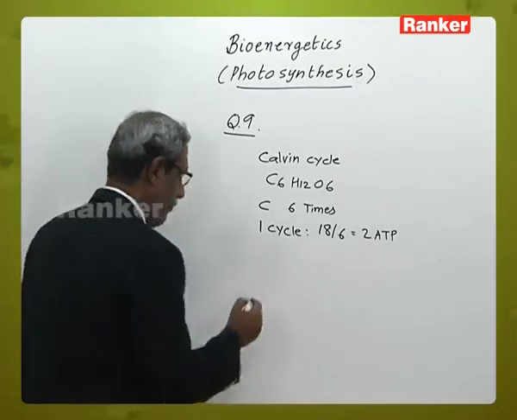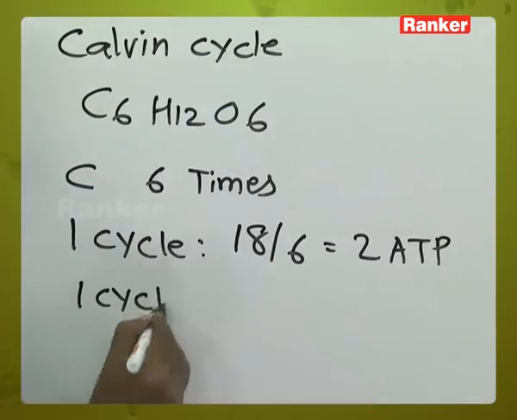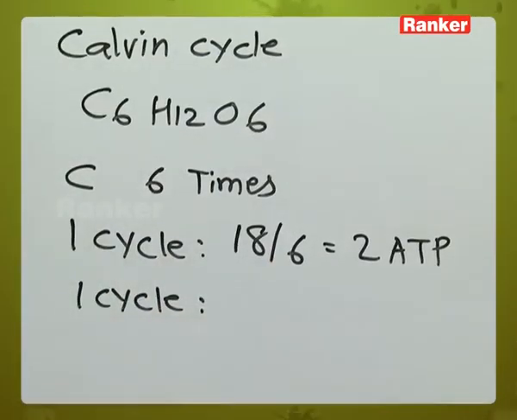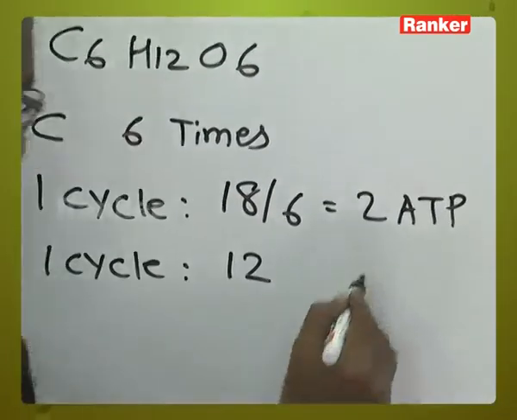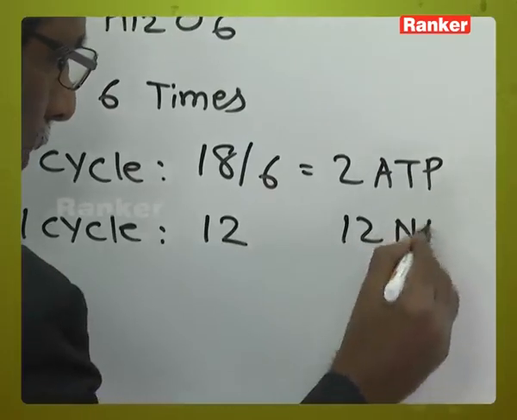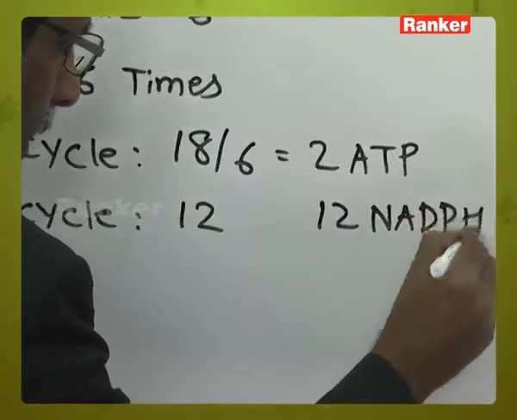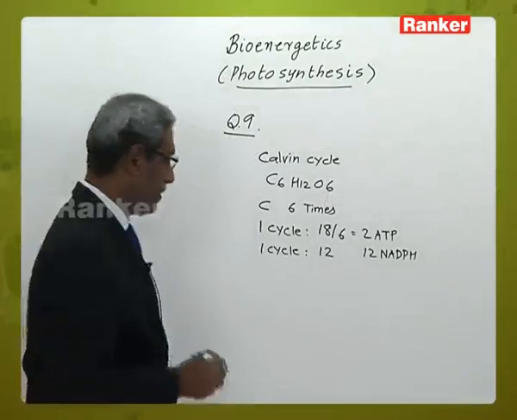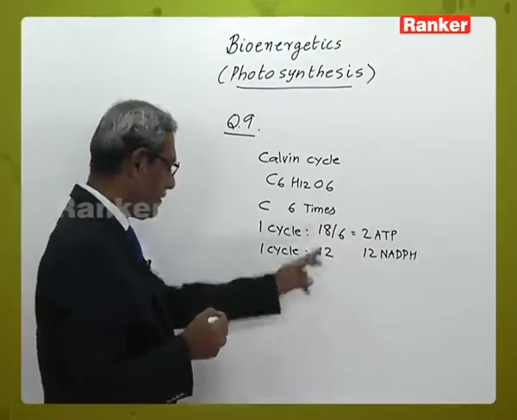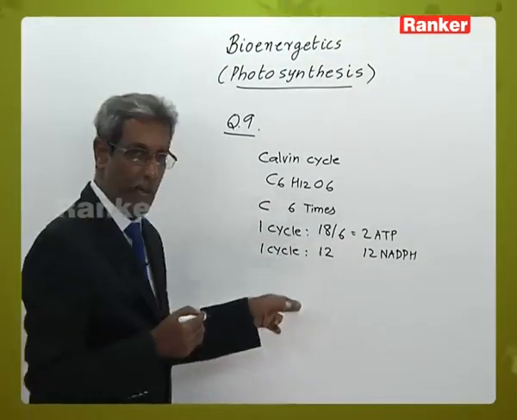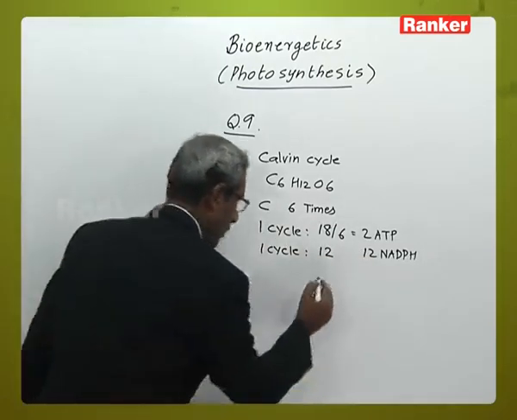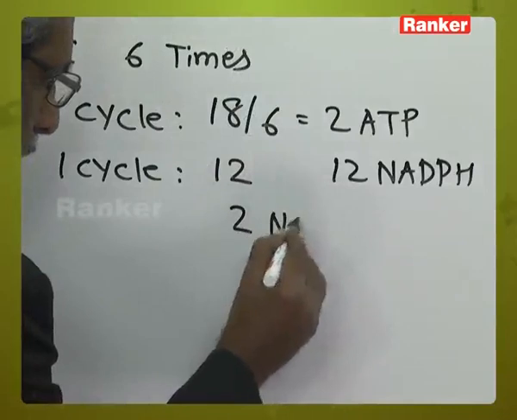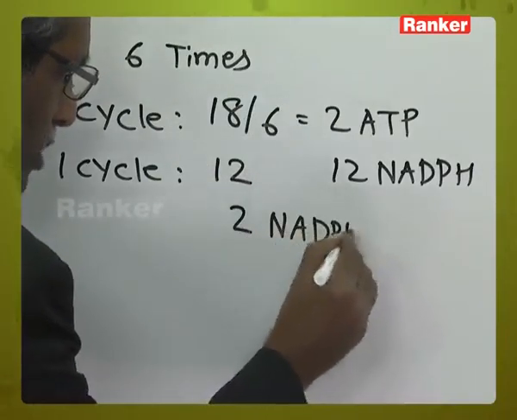And similarly for every cycle we have 2 molecules of NADPH2 getting used. So primarily we have 18 ATP molecules and 12 molecules of NADPH, that is, per cycle there is a need for 2 NADPH.